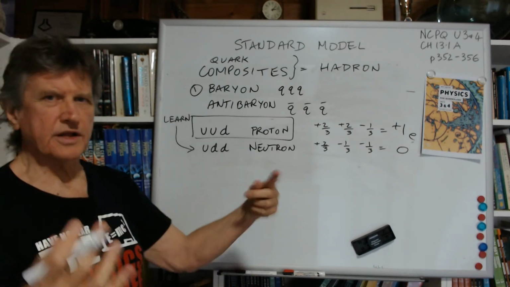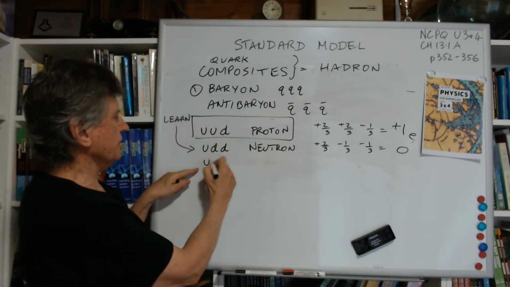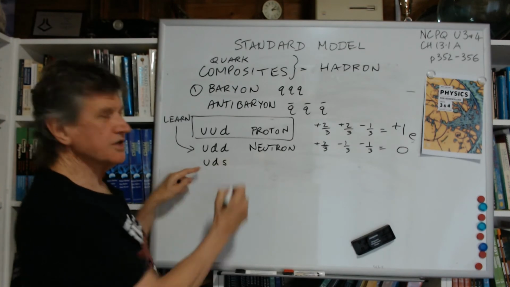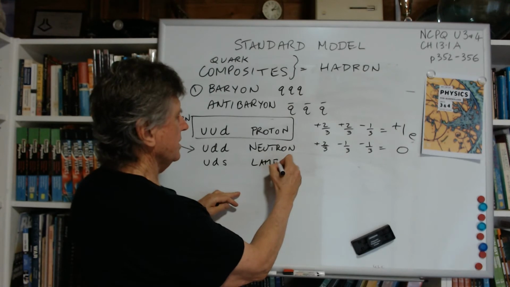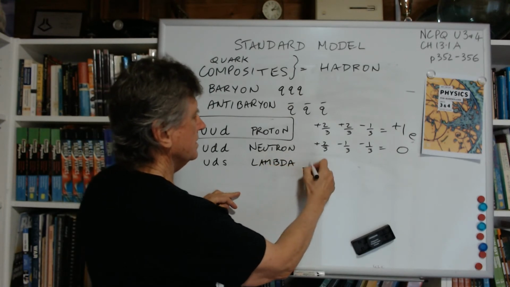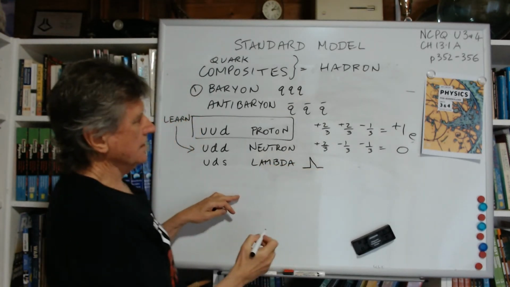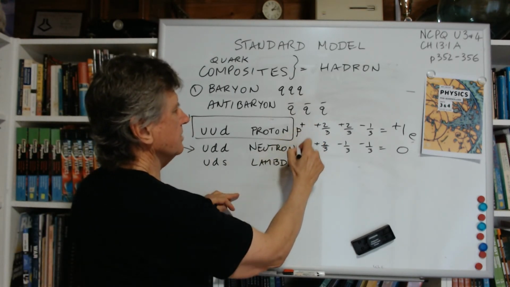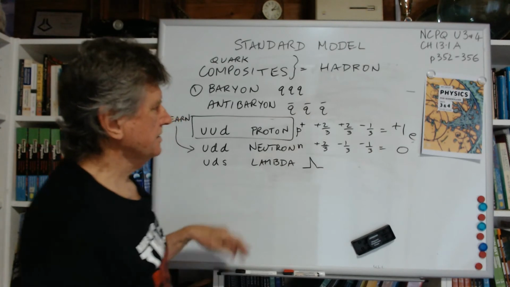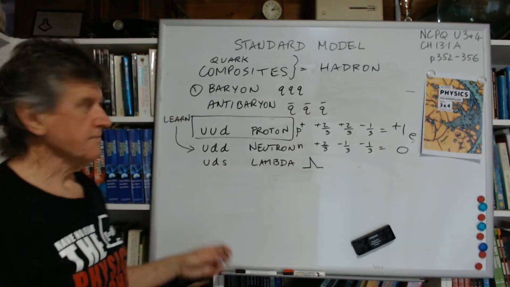So that's defining those two. Now there are other combinations. You could have an up, down, strange for instance, that's one they have found, and that's a lambda, L-A-M-B-D-A, with a symbol like that. Normally you call a proton just a P or a P plus, and a neutron is N, just to get that clear.